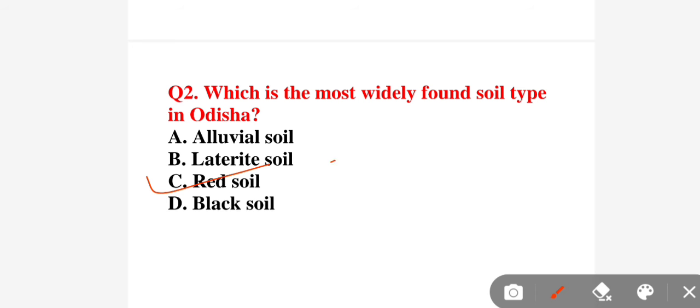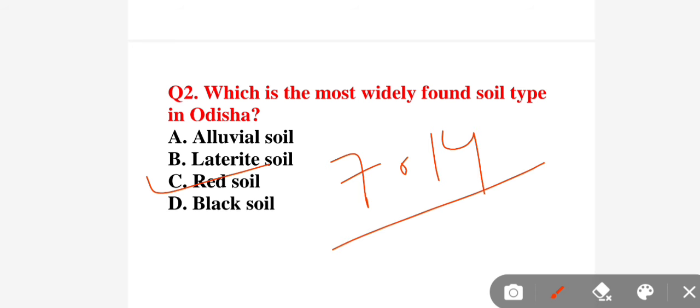Red soil is widely found in Odisha. Red soil is also known as red and yellow soil and it covers the largest area, approximately 7.14 million hectares.